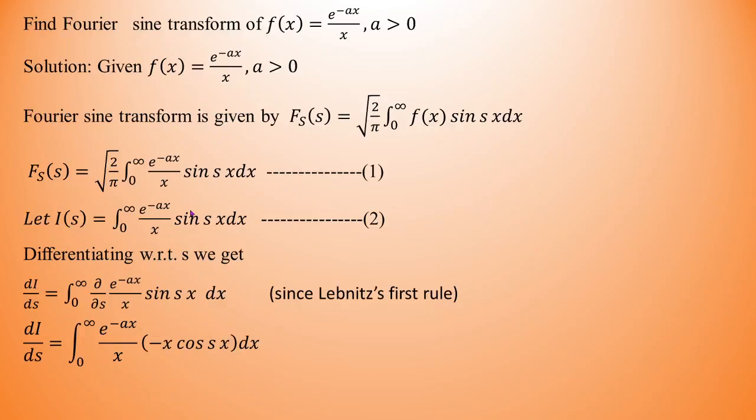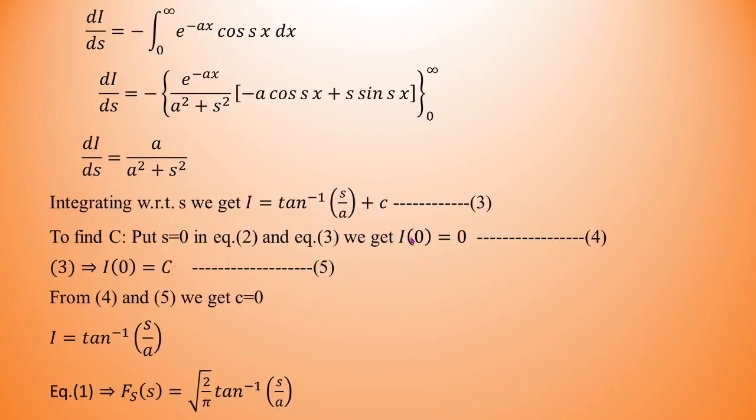If I put s as 0, sin 0 is 0, so this complete integral is 0. So I of 0 is equal to 0 according to equation 2, and equation 3 implies tan inverse of 0. What is tan inverse of 0? That is also 0, plus c. So I of 0 is c and I of 0 is equal to 0. Comparing these two, you will get c is equal to 0.